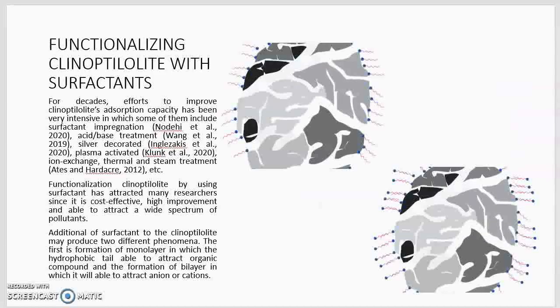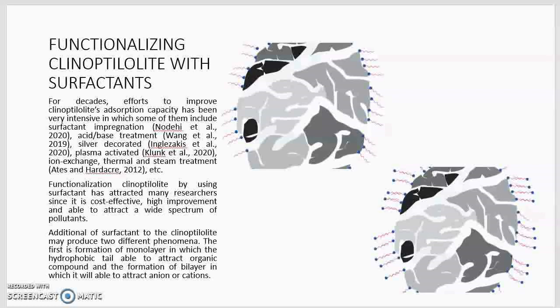One of the modifications of clinoptilolite to improve the performance can be done in several methods. It includes surfactant impregnation, acid-base treatment, silver decoration, plasma activation, ion exchange, and thermal and steam treatment.